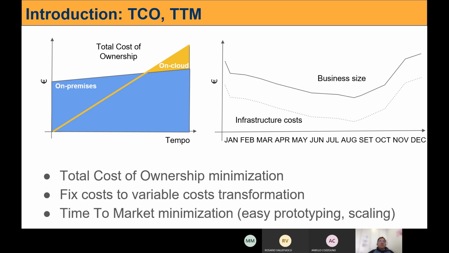Let's now talk about the chart on the right side of the slide. Why is elasticity important? Let's say we have a variable business size along the year. This is really typical. Let's say this business in the example could be, for example, Amazon.com.